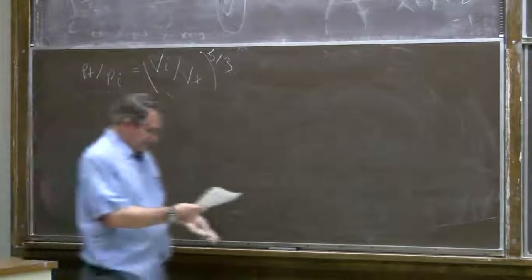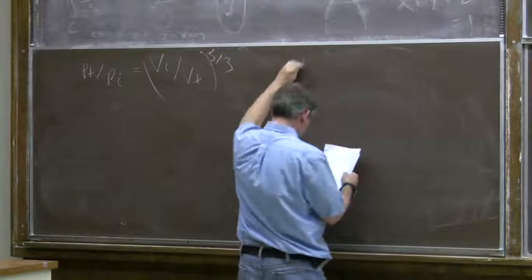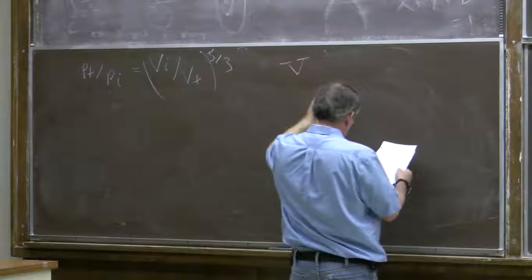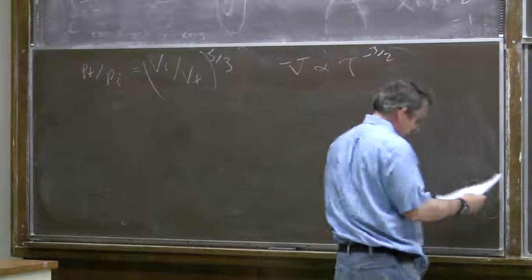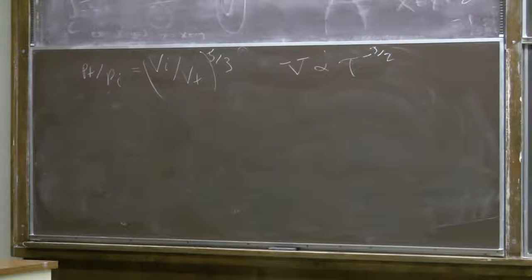And since volume is proportional to temperature to the minus 3/2, right, because tau to the 3/2 times volume is equal to a constant when the entropy is held fixed.